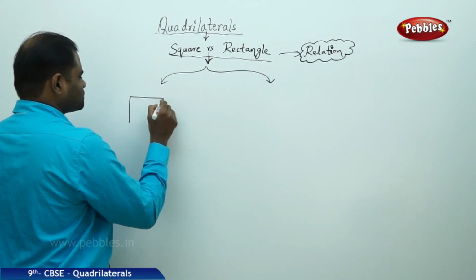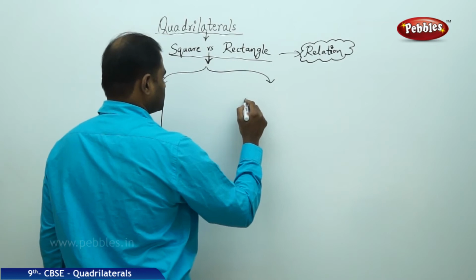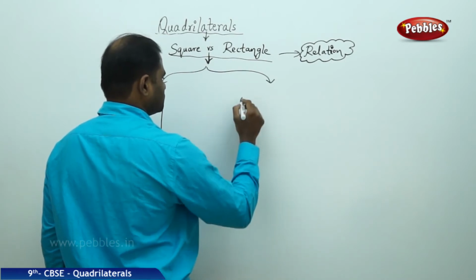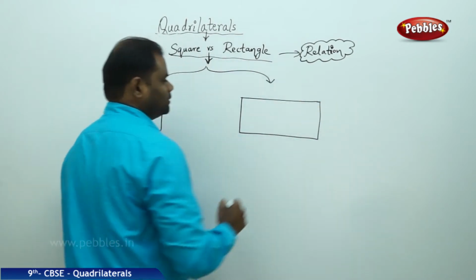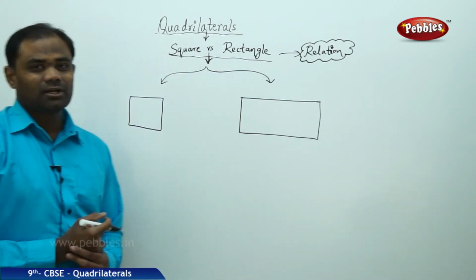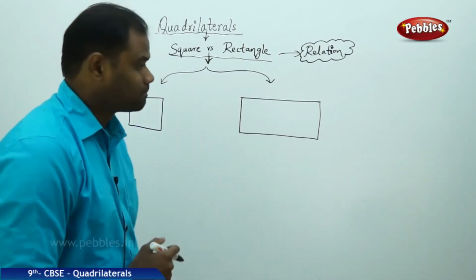Imagine I take a square and I take a rectangle. Let's see the common properties identified between a rectangle and a square.